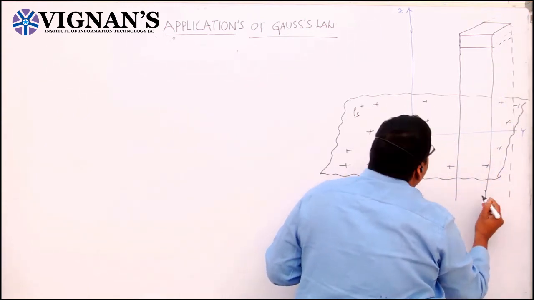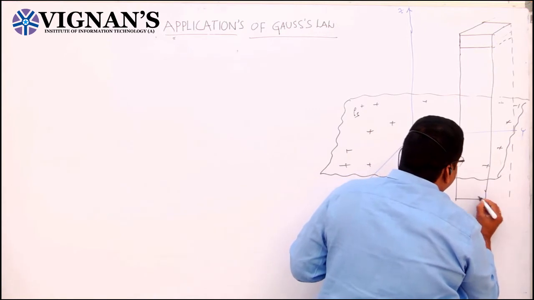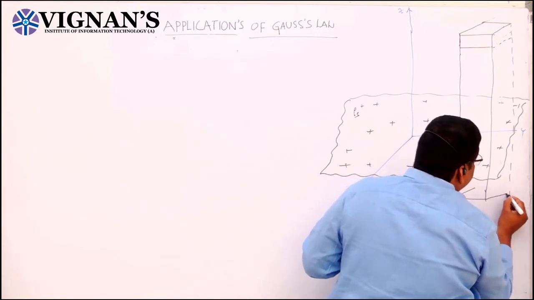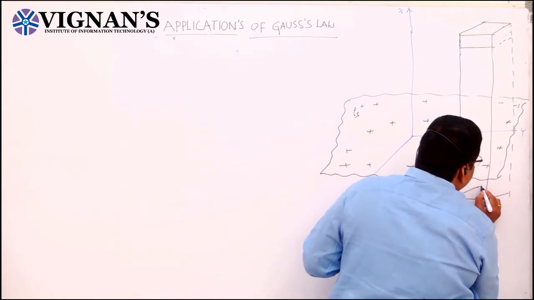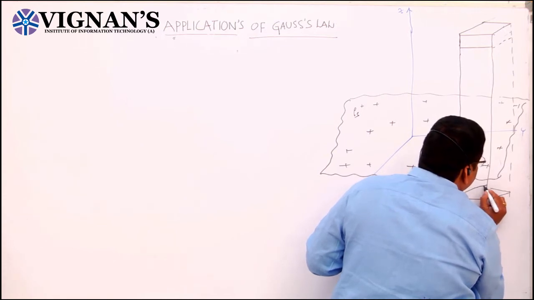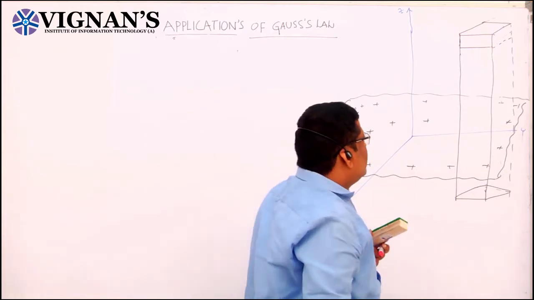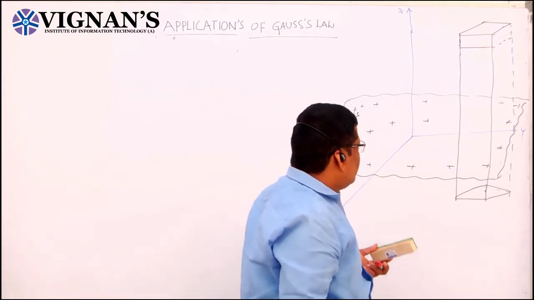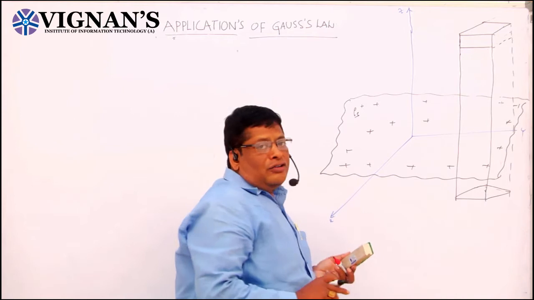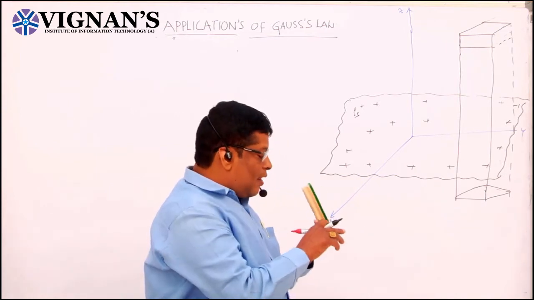This is the Gaussian surface. This is perpendicular to the xy plane.